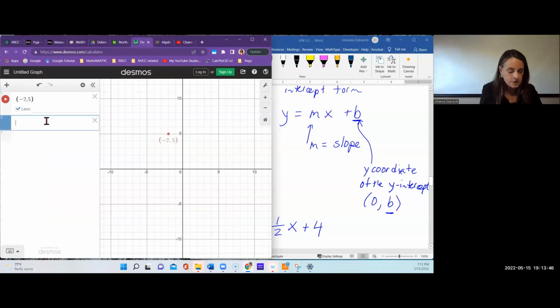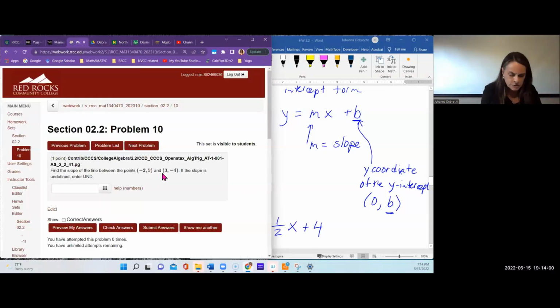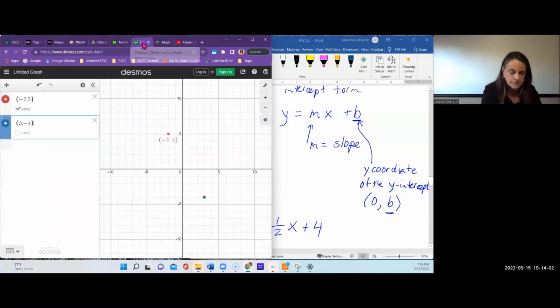I'm on Desmos. Oh, I've already forgotten it. 3, -4, is that right? It's too bad you can't be here to tell me. 3, -4, let's double check. -2, 5, 3, -4. If I label that one, then I'm talking about these two ordered pairs. I want to know what the slope of the line that connects the two ordered pairs is.